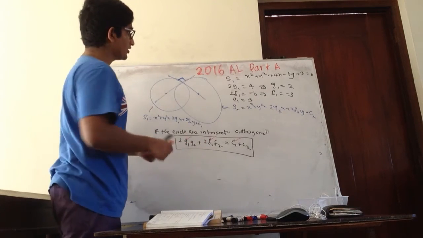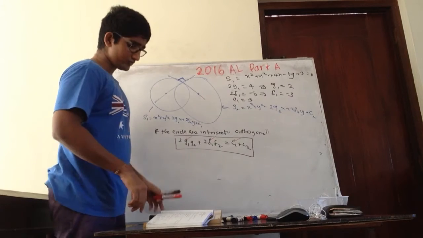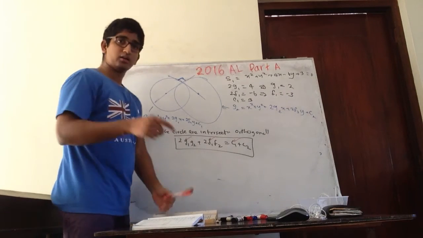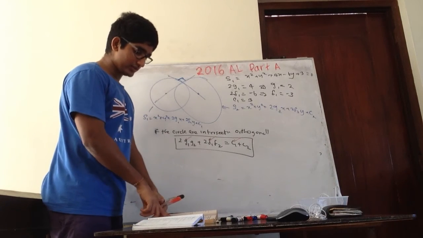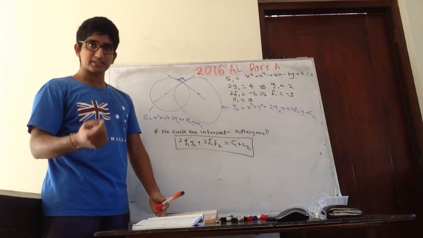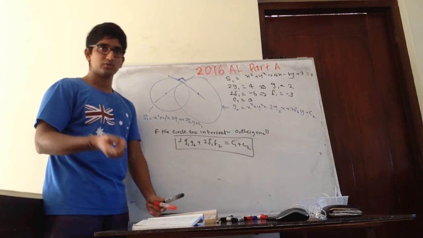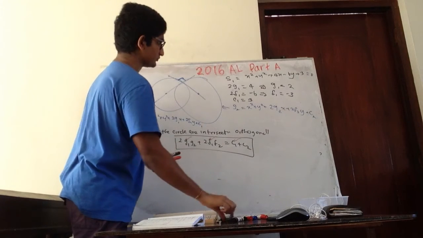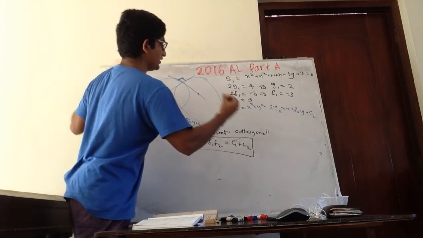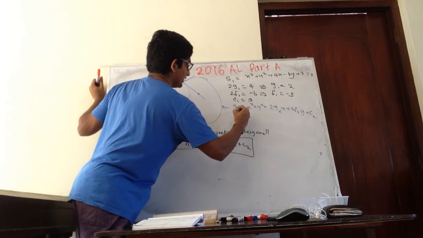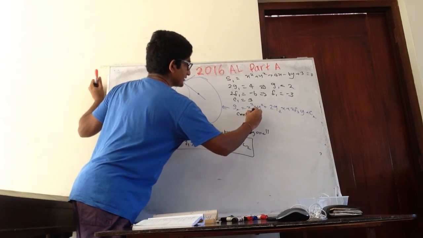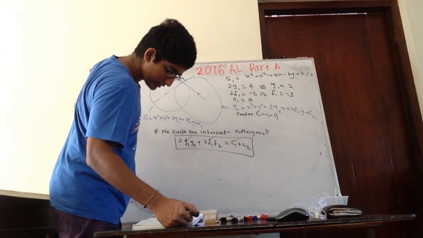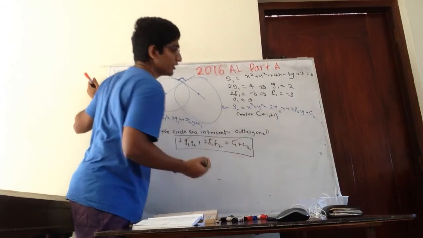Right? So now we need to find the others. So what is S2 now? In S2 they have given the center. So what is the center? The center is plus 1, plus 1. Right?